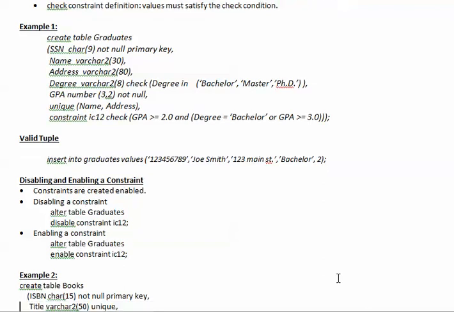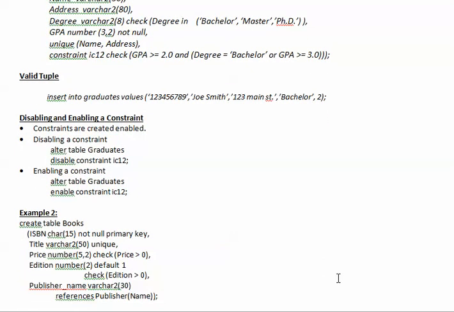There is a second example that you don't need to test, and actually it won't work because it has a foreign key. To make this work, you need the other table created. This is table books. Here is the first attribute with the domain, not null, primary key, and I don't think we need not null when we have primary key.